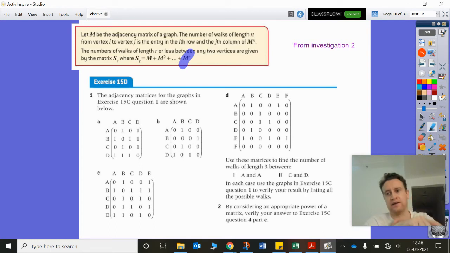So you'll need to add in the first matrix, which will tell you all of the walks of length 1.